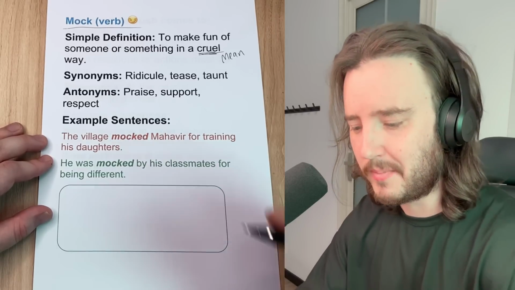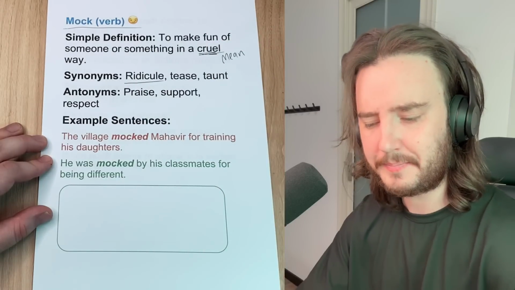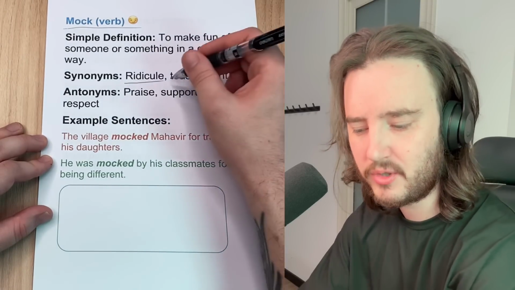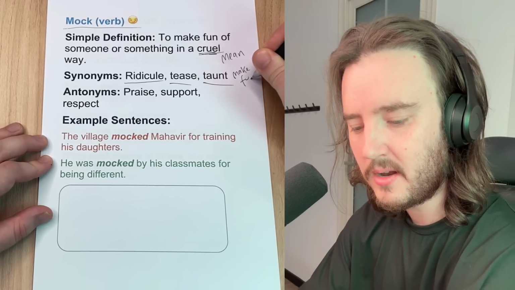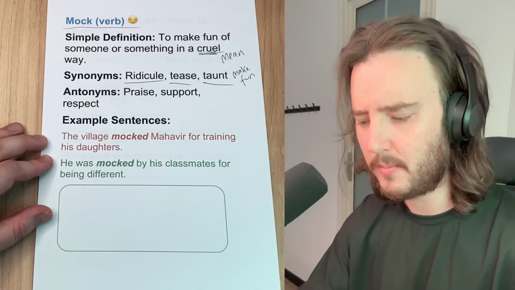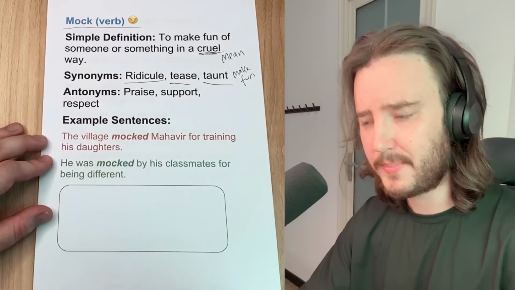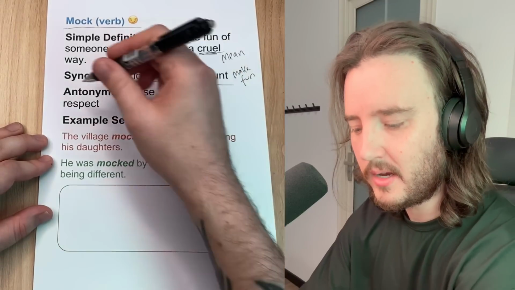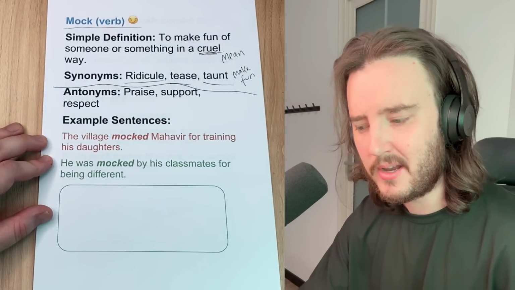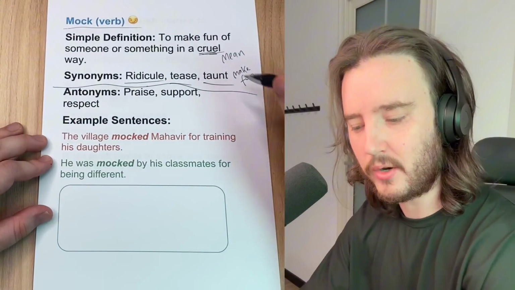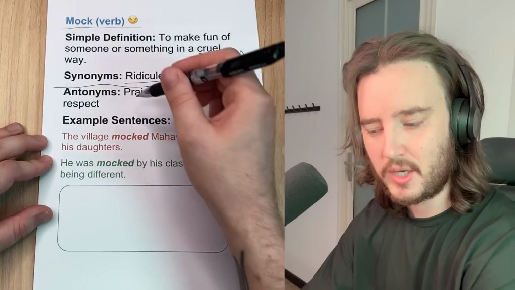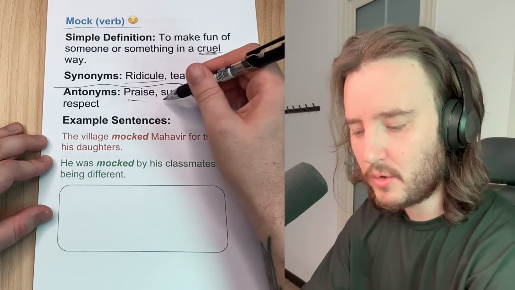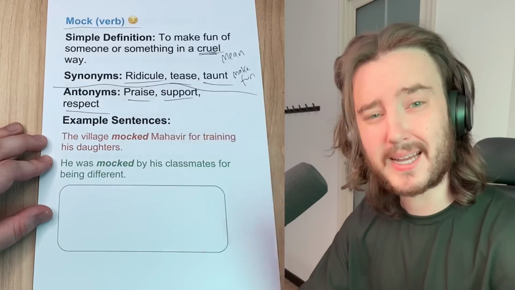Some synonyms might be to ridicule someone, to taunt someone, to tease someone. We could also say make fun. And we have our opposite words as well. On the opposite side, instead of making fun of someone or taunting or teasing or ridiculing or mocking them, maybe you praise them. Maybe you support them. Maybe you respect them.